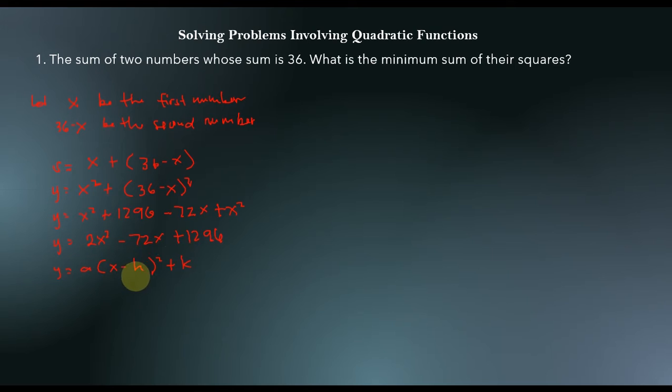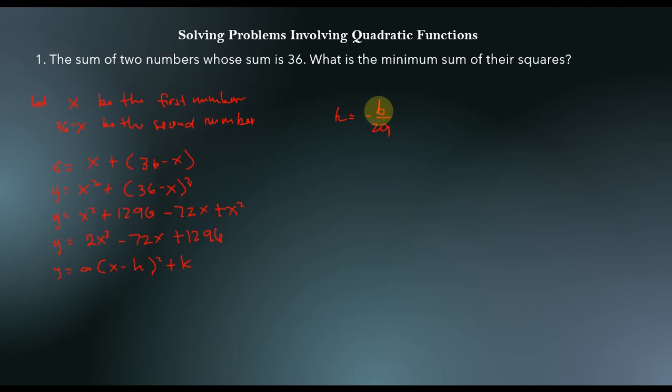As you can recall, the formula for h is h equals negative b over 2a. So make sure you can identify the values of a, b, and c in our equation. This is a, this is b, and this is c.